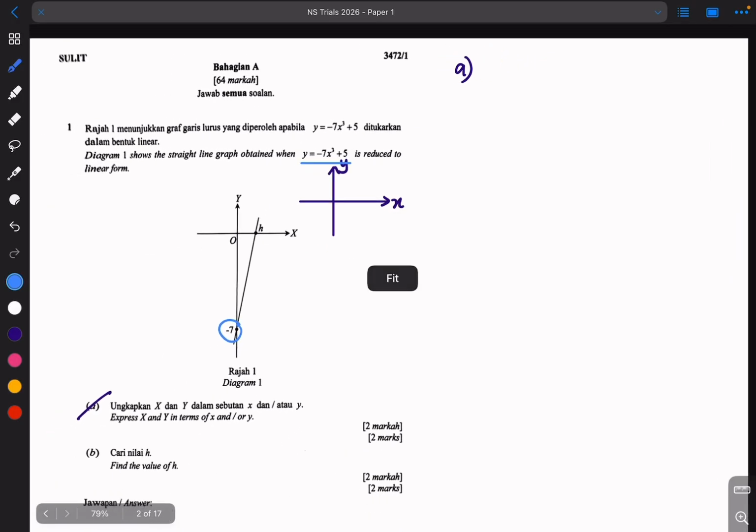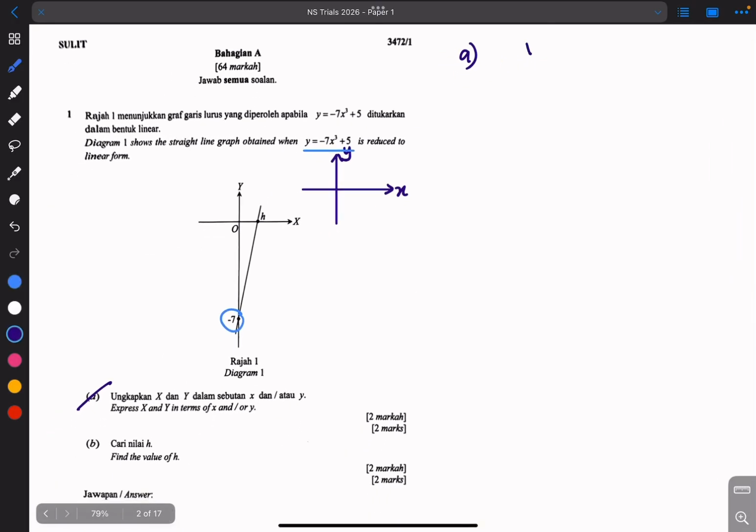Why we need to make it stand alone is because our general equation of straight line is y equals mx plus c. So if you realize, your y-intercept must be a standalone. That means it's just a constant. Cannot have x and y attached to it. It's just c. So here, this negative 7 has the x cube attached to it. So you have to get rid of that.